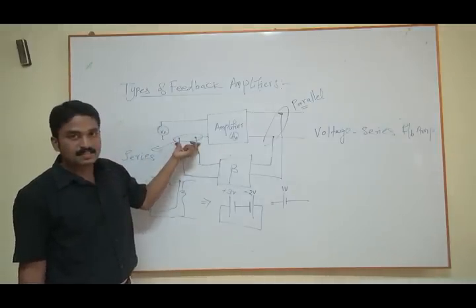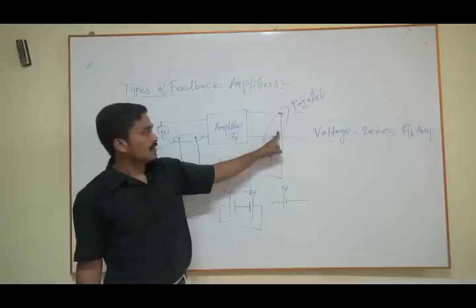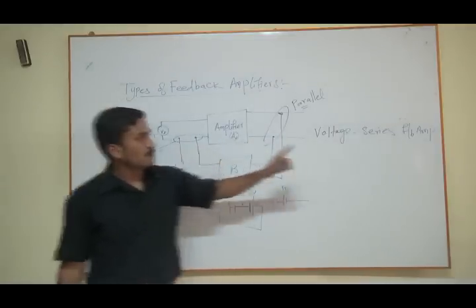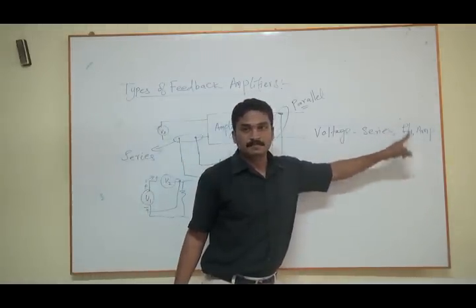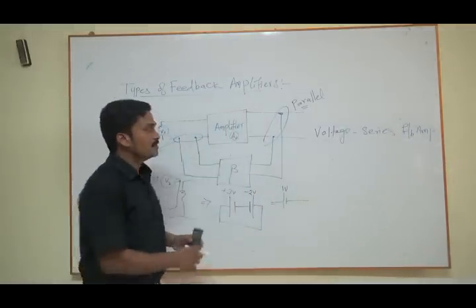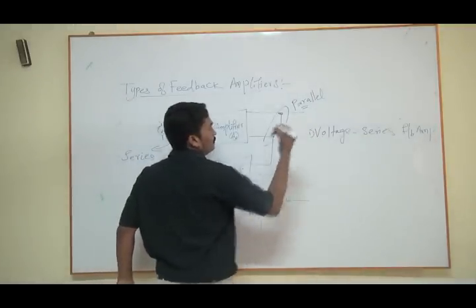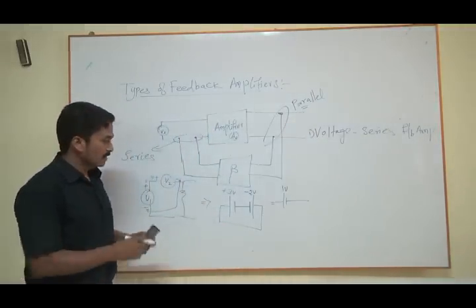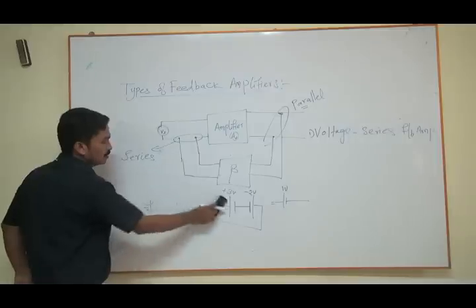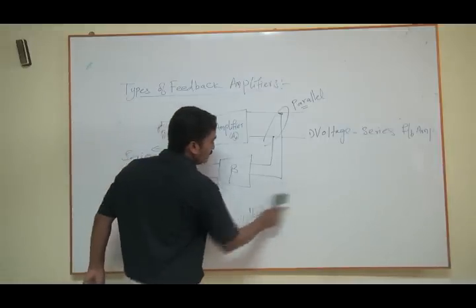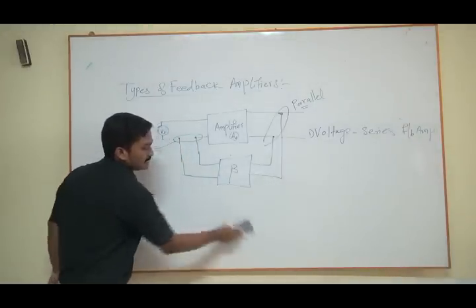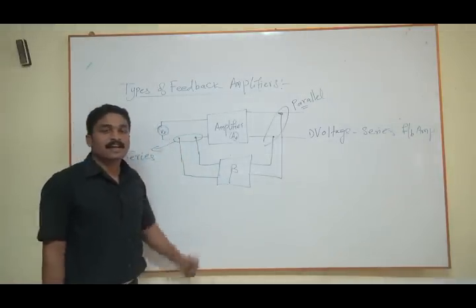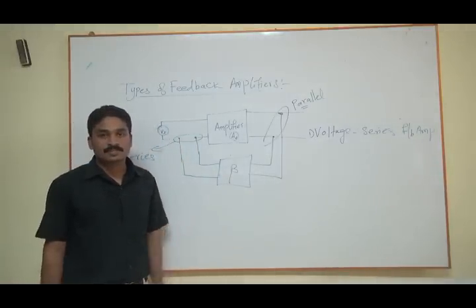So this is called a voltage series feedback amplifier. Clear? This is one of the classifications of feedback amplifiers. To make some changes on the voltage, I have to feed the signal in series so that I can have changes on the voltage.